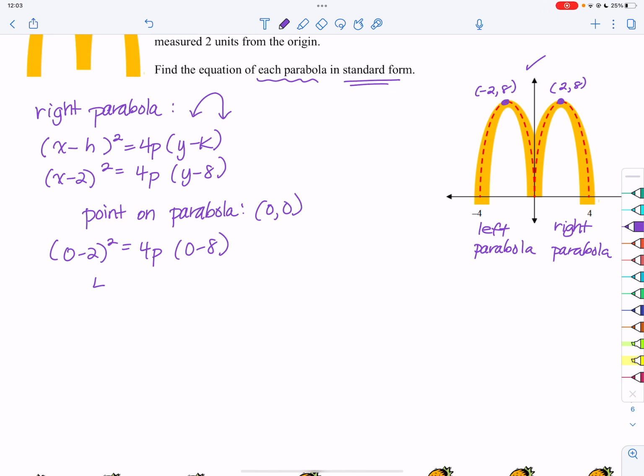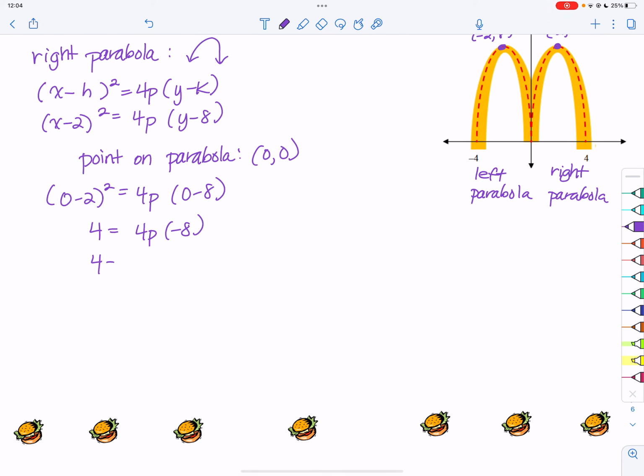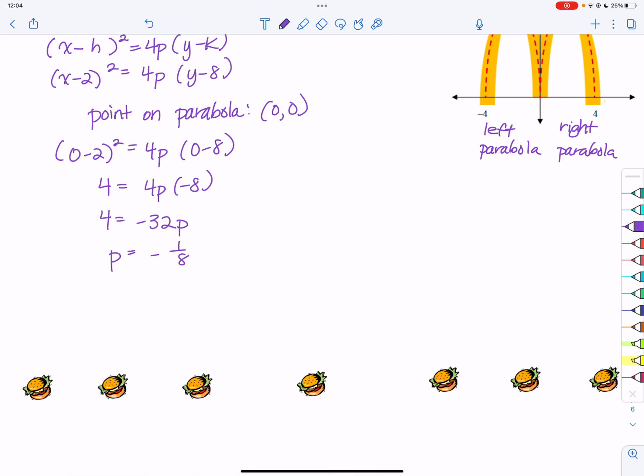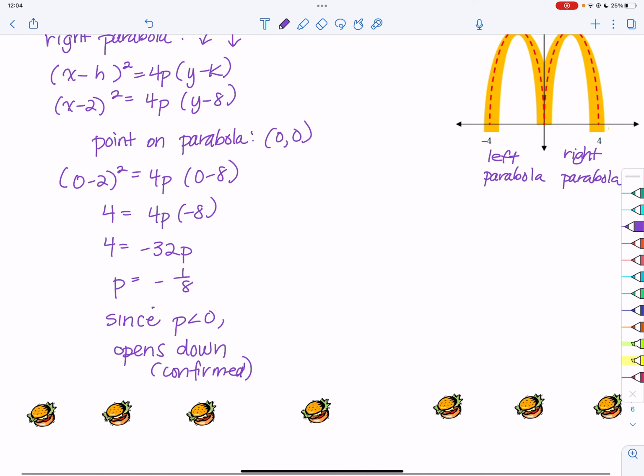So we end up with 4 equals 4p times negative 8, or 4 equals negative 32p, and p is equal to negative 1/8. Since p is negative, this does open down, and we'll just put confirmed because we knew that already by the graph.